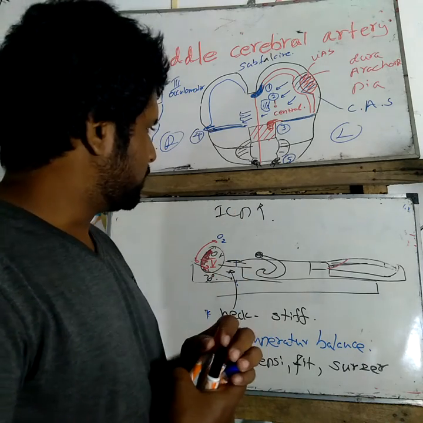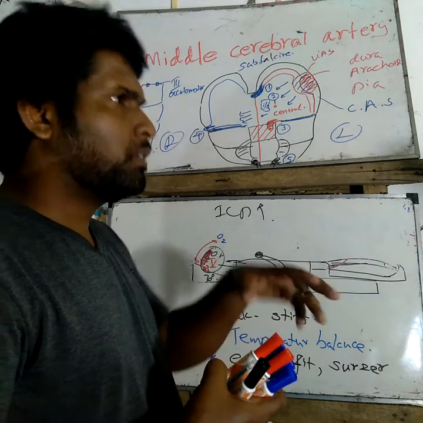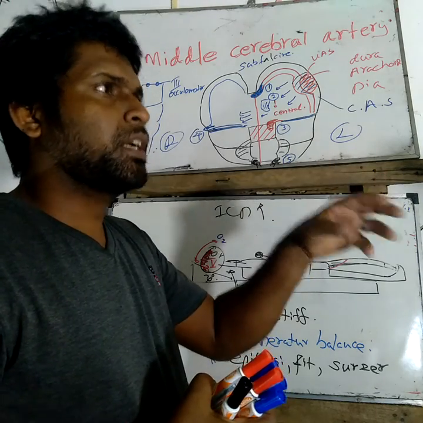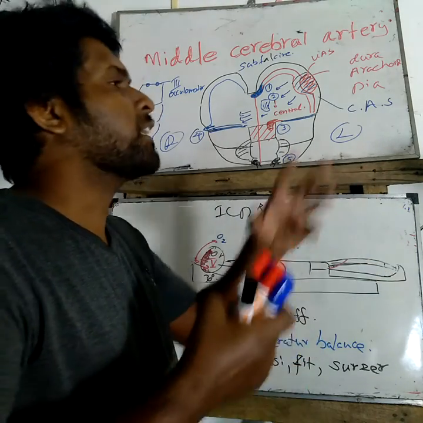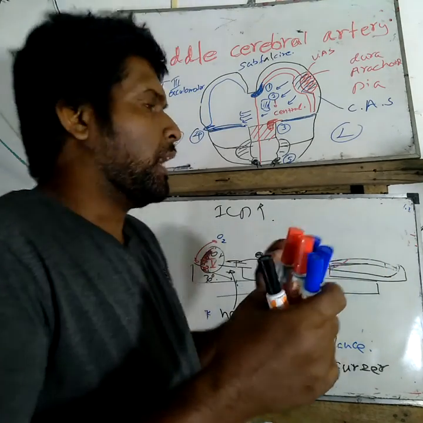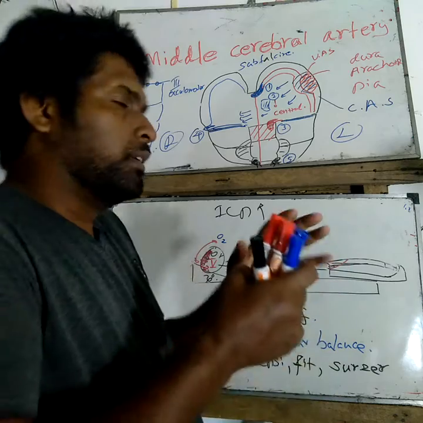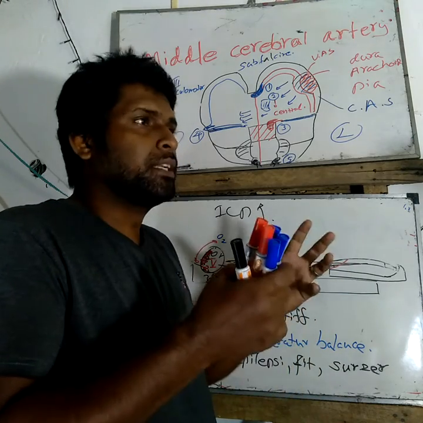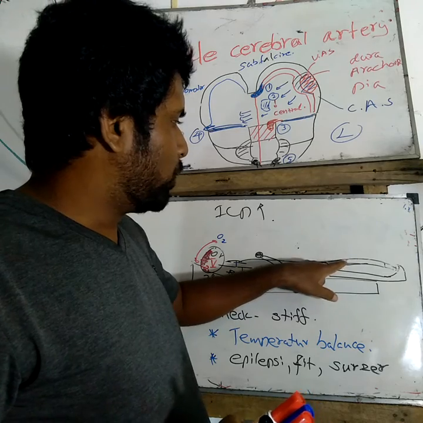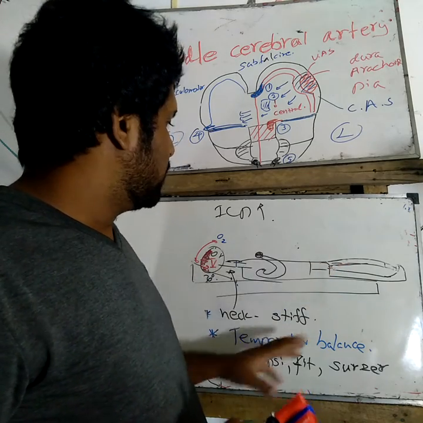Due to this reason, what happens next time? Fit convulsion activates. This patient has shivering that stops and starts again, and the fit can be seen in this patient. This is the life-threatening point coming to this patient.